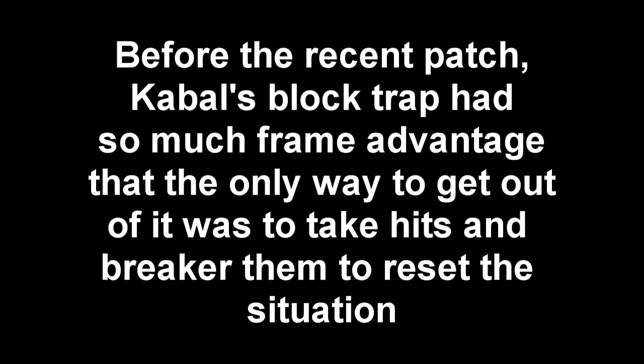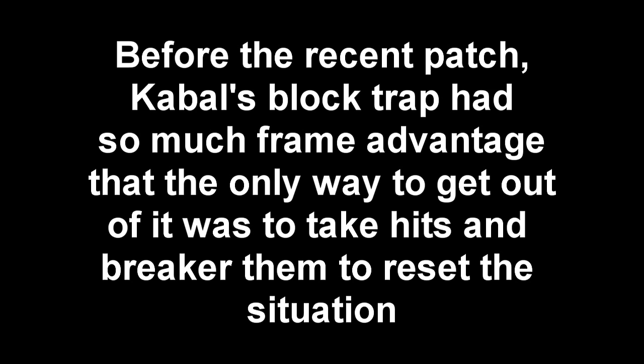Now that we covered what it is, I'd like to go into a little history about it. Before a recent patch, when Kabal executed the block trap, he had so much frame advantage that the only way for an opponent to get out was to take hits, breaker the hits, and then the situation would be reset, and Kabal and the opponent would both be left standing.